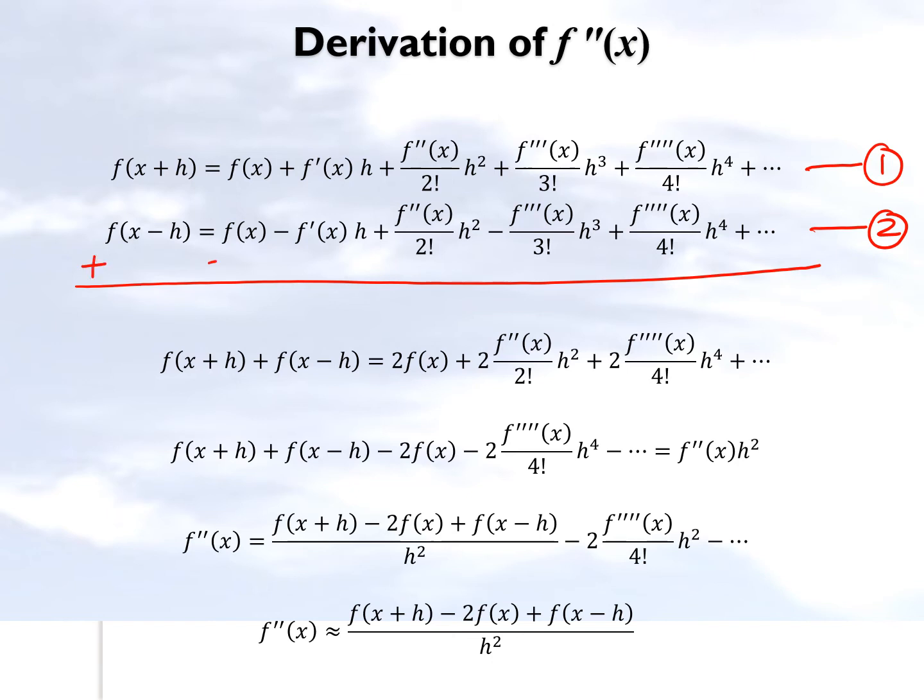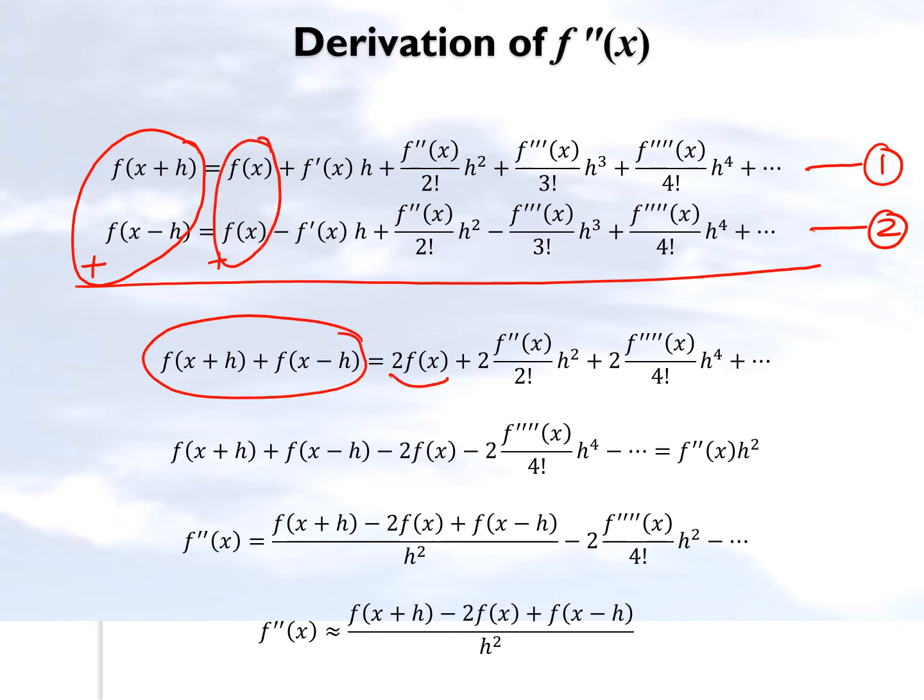So we get this, and what's going to happen is that if we add the left hand side, we're going to get this quantity right here. We're going to add these two quantities, we're going to get 2 times f of x. And when we add these two quantities, they cancel out, they give us a 0. We're going to add these two quantities, gives us 2 times the quantity which is there in one of them.